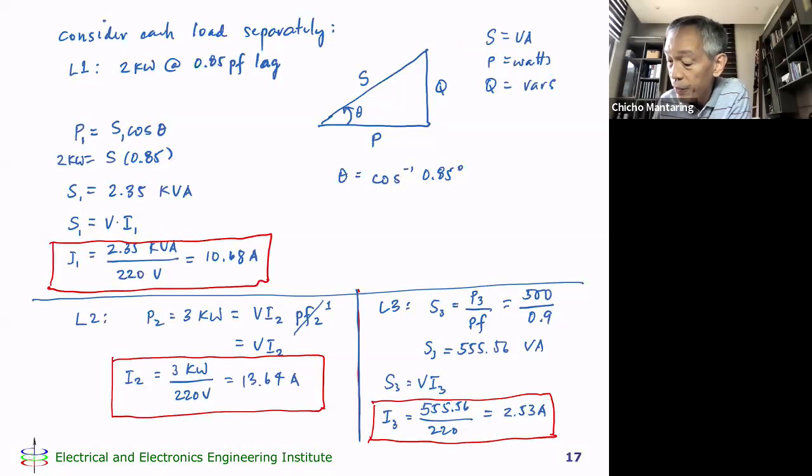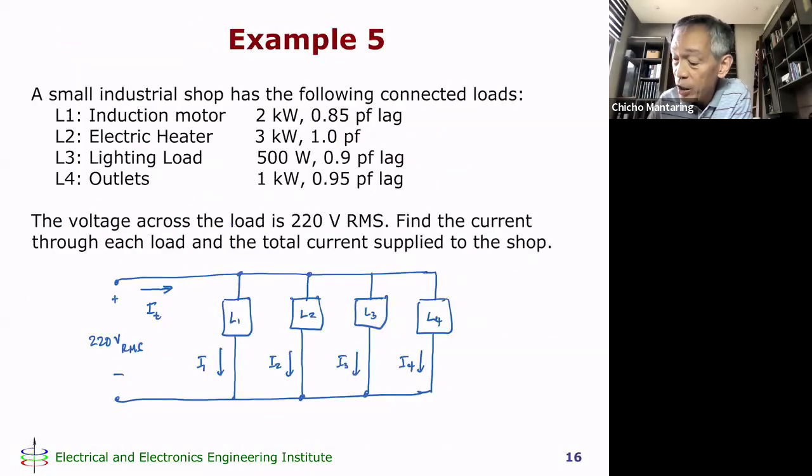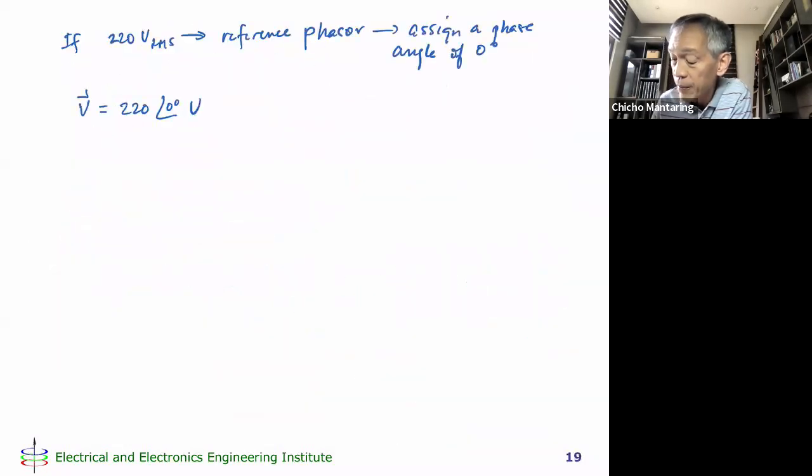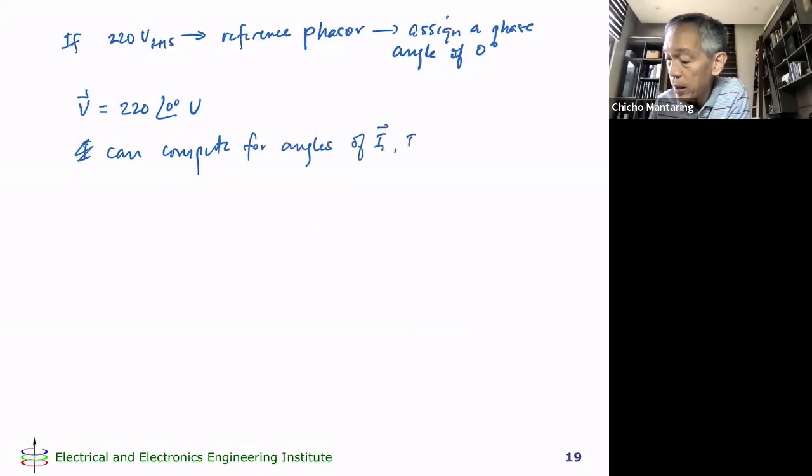Then I can compute for my different phase angles because I know the power factors. So I can compute for the angles of I1, I2, I3, and I4 from the power factors.